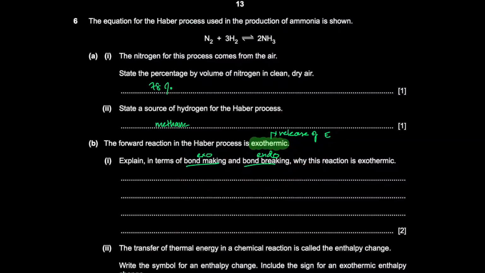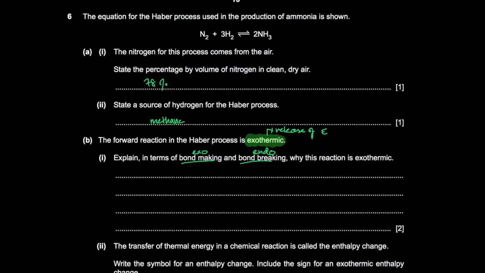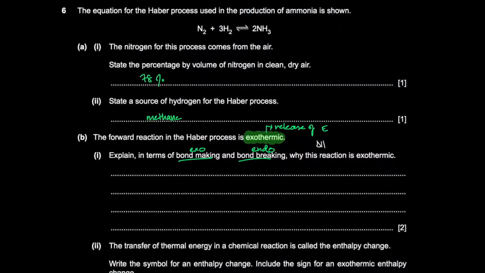Okay, if you're not sure about this, you can also look at the equation, right? Delta H is bonds broken minus bonds made. Now if the overall change is exothermic, it means that the enthalpy change is negative.